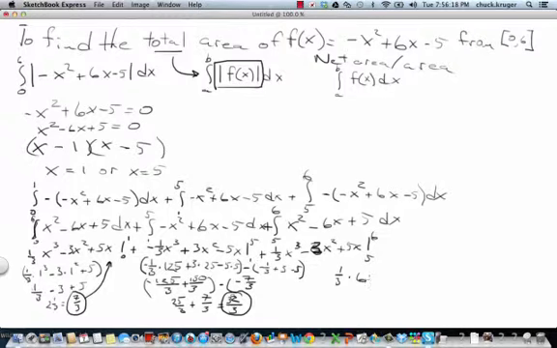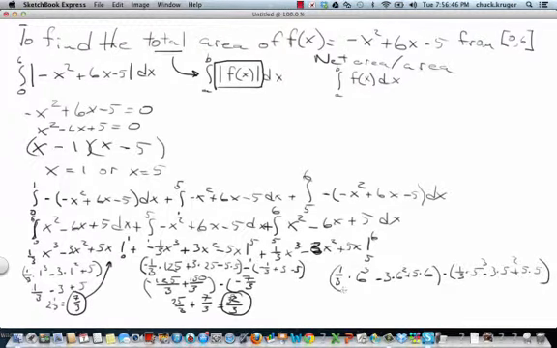And so I'm going to have 1/3 times 6 cubed minus 3 times 6 squared plus 5 times 6, minus, over here I'm going to have 1/3 times 5 cubed minus 3 times 5 squared plus 5 times 5.